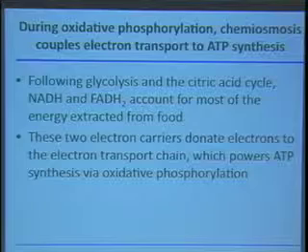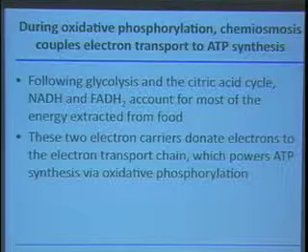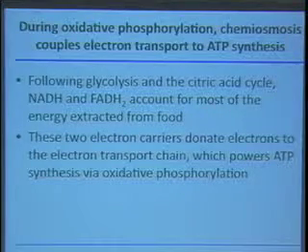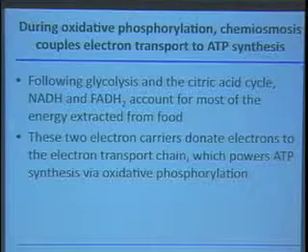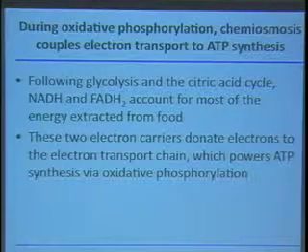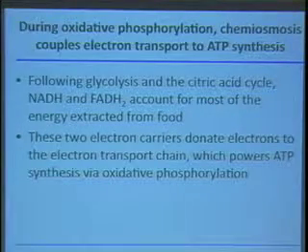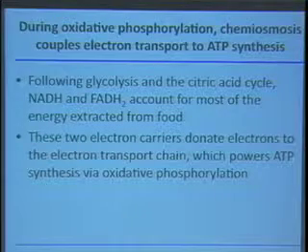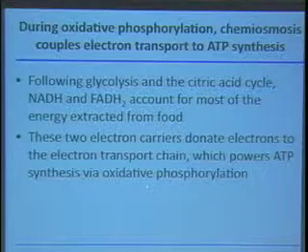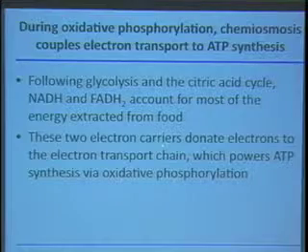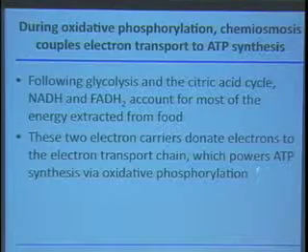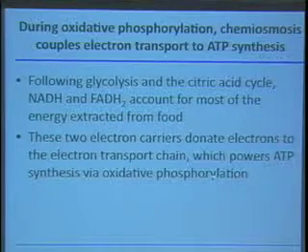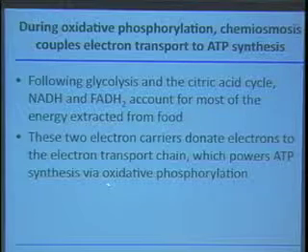And it really is like a sort of a relay, right? It's a hand over hand where electrons are transported down this chain of complexes. These are mostly proteins, but not all, as we'll talk about. And ultimately, what this does is to provide the power for ATP synthesis via a process called oxidative phosphorylation.